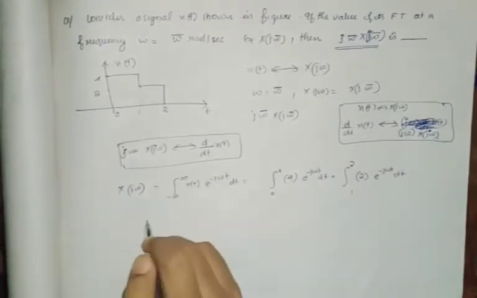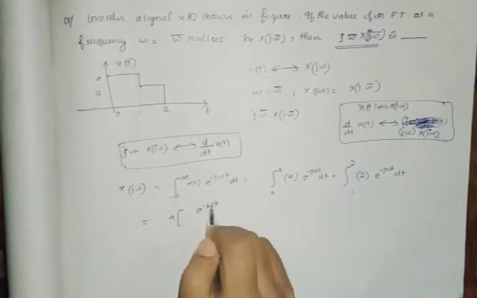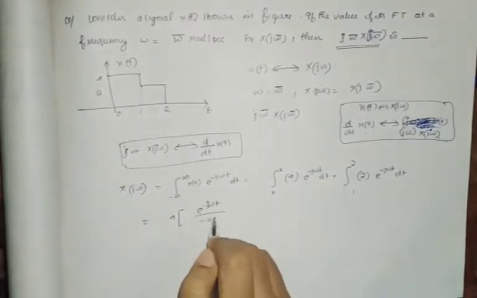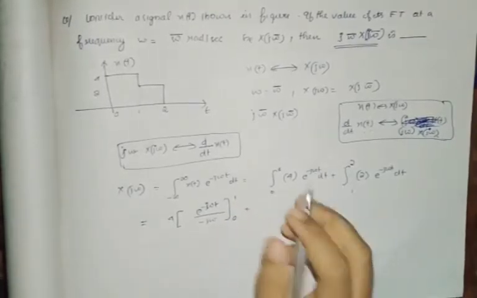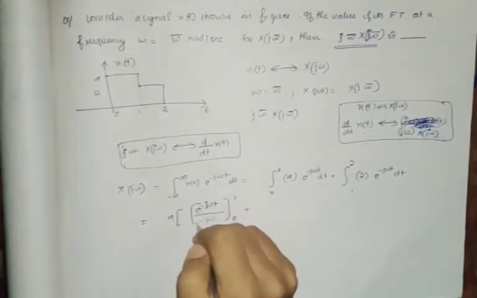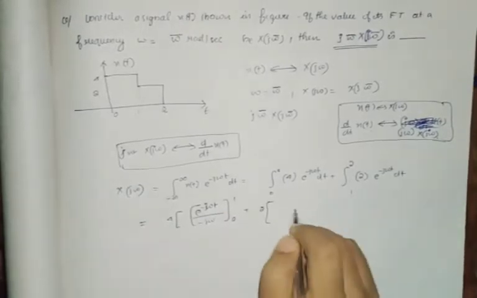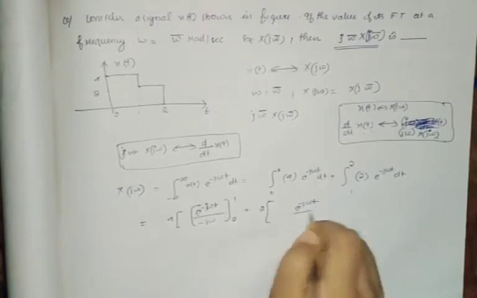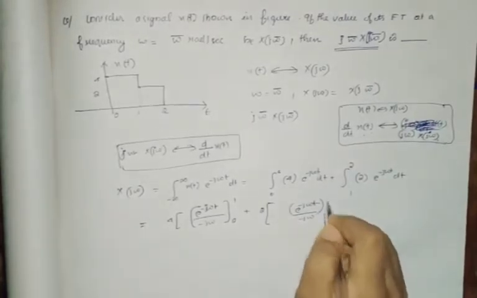Now we will integrate it. I'll take 4 outside. We will get e raised to minus j omega t divided by minus j omega from 0 to 1, plus, taking 2 outside, e raised to minus j omega t divided by minus j omega from 1 to 2.